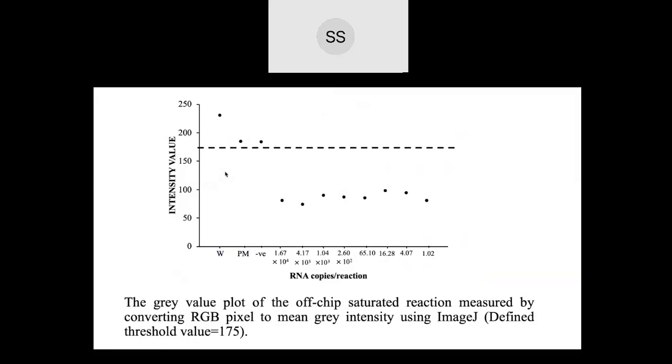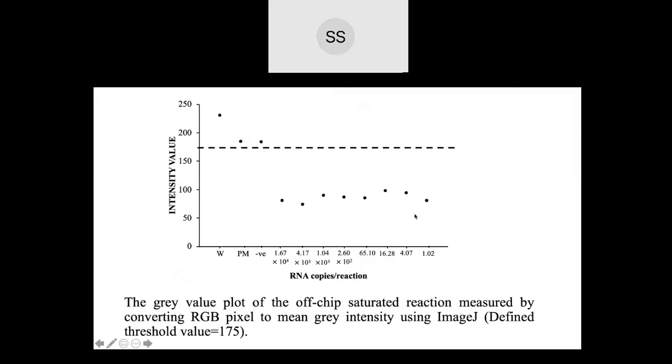So again, we plotted the gray intensity value, where the intensity value was measured using ImageJ, and the reactions which do not show color change have an intensity value higher than 175, and the reactions which show the color change have an intensity value lower than 175.